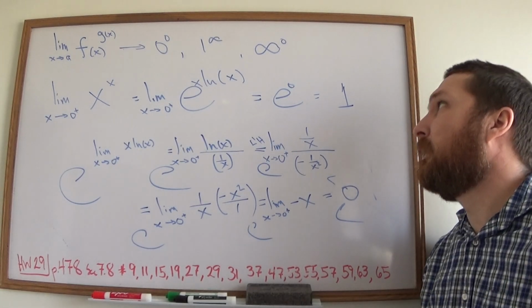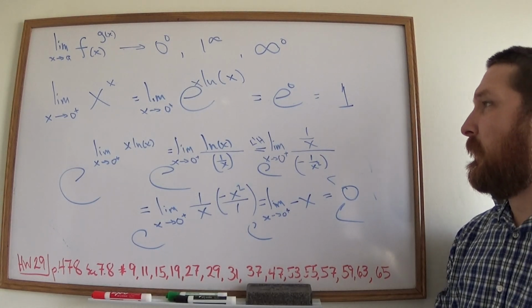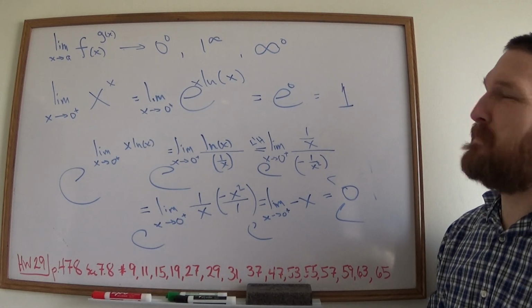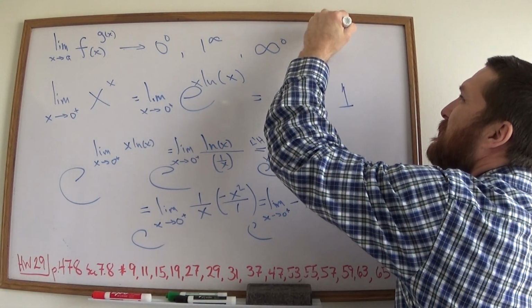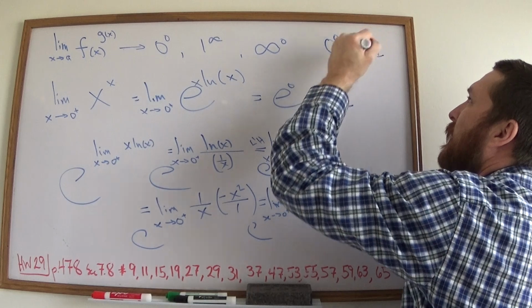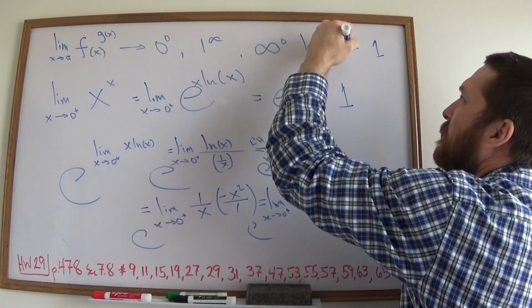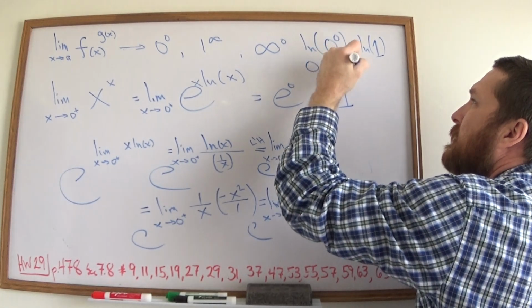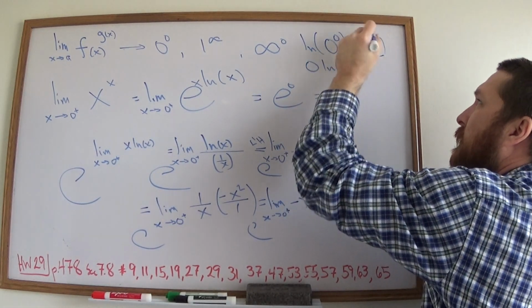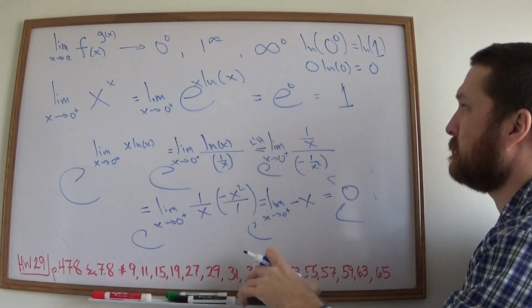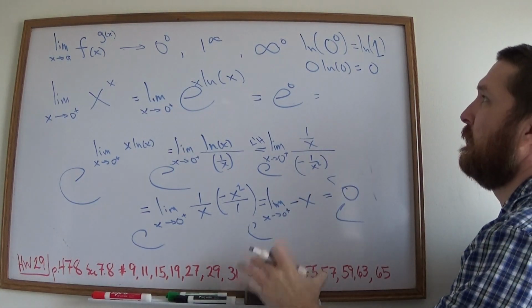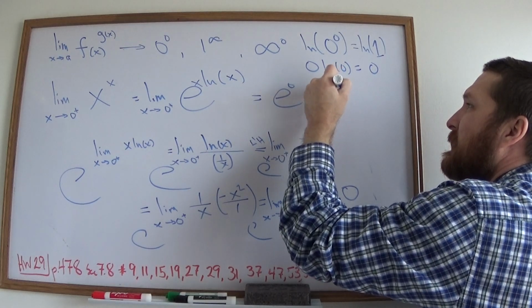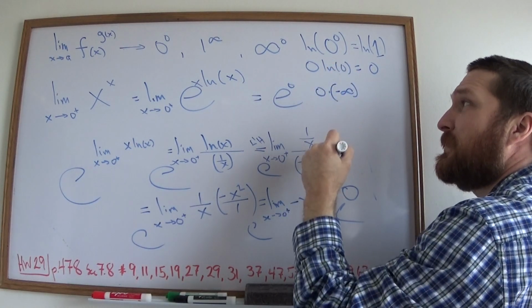Well, if you say 0 to the 0 equals 1 and you take the log of both sides, you get 0 times log 0 equals log of 1, which is 0. So 0 times negative infinity, also indeterminate.